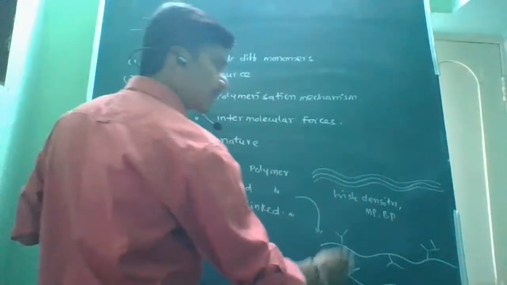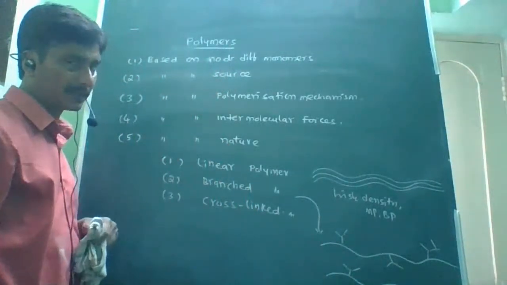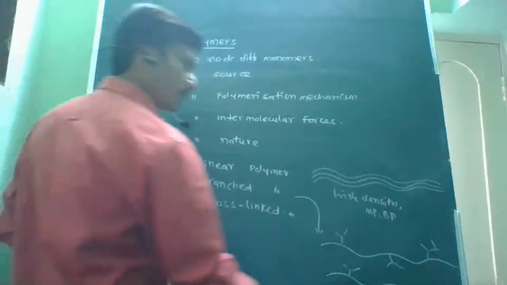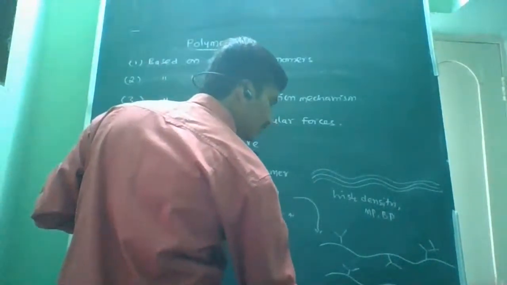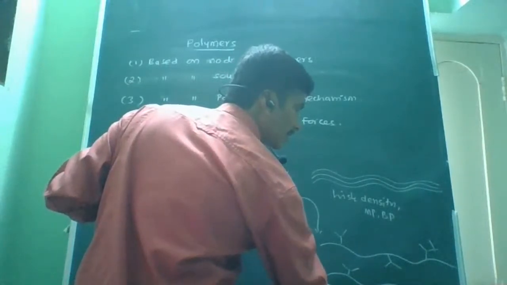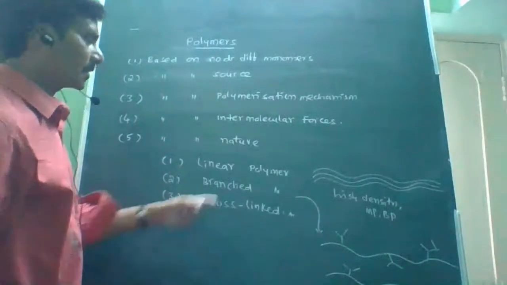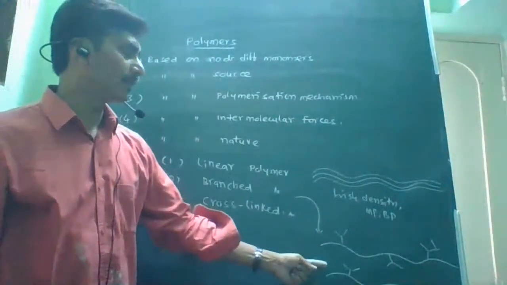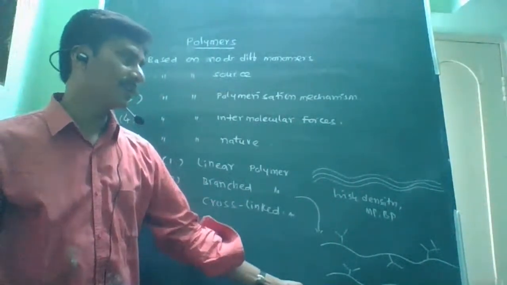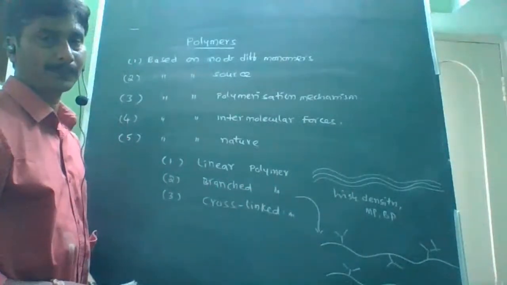So their value will be increasing between the one monomer chain to another monomer chain. So the value increases, density will be decreases. So these are the polymers which have low density, low melting point as well as the boiling points.